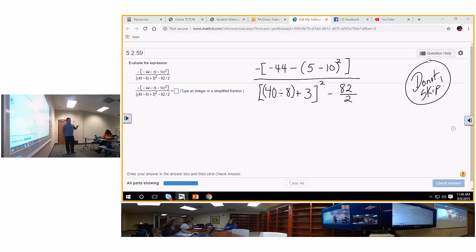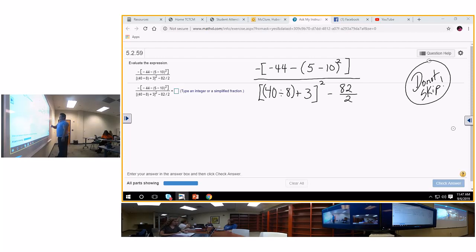Two, they try to muddle through it the best way they can. And then the third one is the guy. It's usually a guy. I'm sorry. I don't have many guys. I have one guy. I thought I had a guy up there. He's not here today. It's usually the guys that think they can do it in two seconds or two steps, and they end up getting it wrong. Okay? So, do not skip steps.